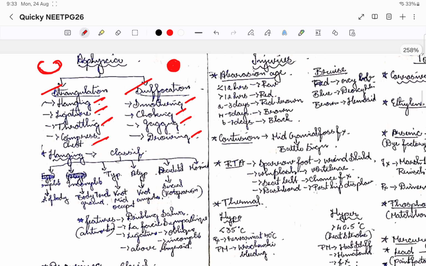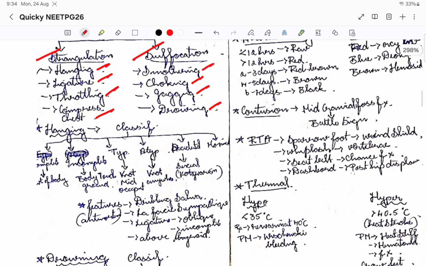That is the mechanism of asphyxia, right? We are basically blocking the airway. There are 2 ways we block the airway: if we block the mouth and nose, it is suffocation, whereas if we use the neck, it is strangulation.